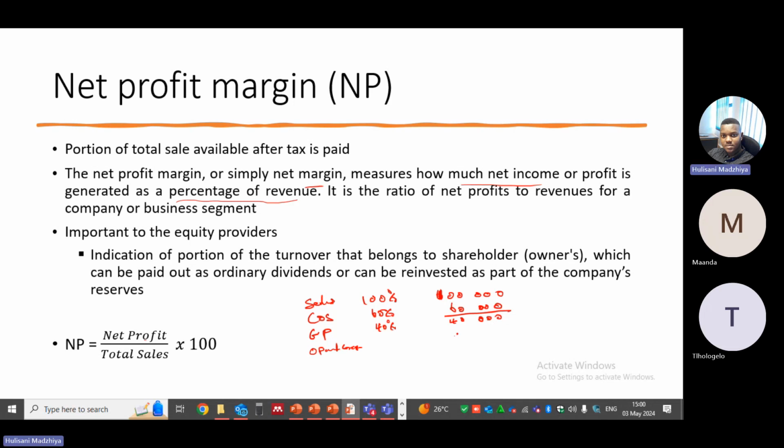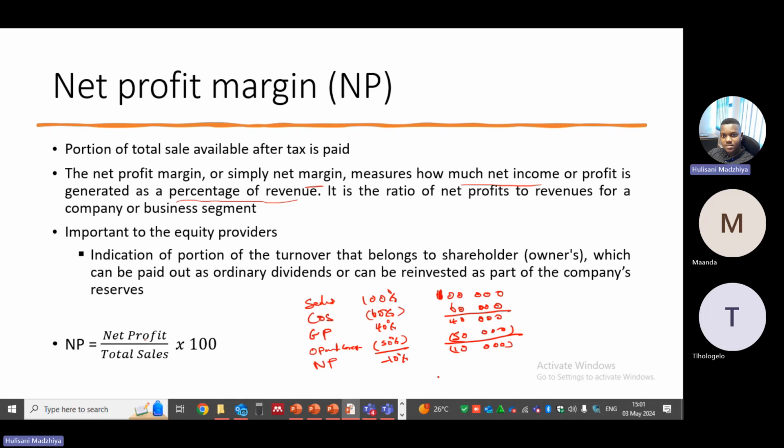With the operating expenses, you find that they are actually 50,000. This means that you run at a loss of 10,000, because you spent more money trying to generate this revenue, and on top of your cost of sales, you spent 50,000. So you only managed to generate a revenue of 100,000, which means that your contributing expenses are actually 50%. So this means that your net profit becomes minus 10%.